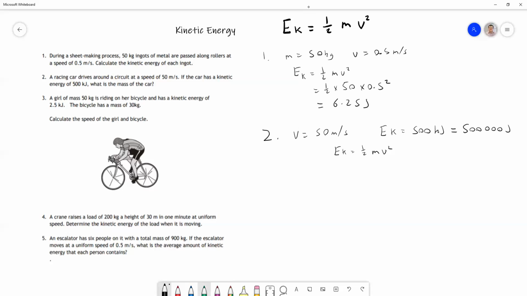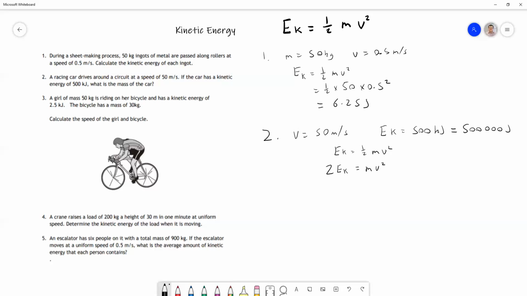We want to find mass by itself. We need to shift everything on the right hand side over to the left so we can have mass by itself. First, I can multiply both sides of this equation by 2. I can do the same thing to both sides of a formula and it's still a valid formula. If I multiply the left hand side by 2, I get 2 times the kinetic energy. If I multiply the right hand side by 2, well, 2 times 1/2 is 1, so I'm just left with mv squared.